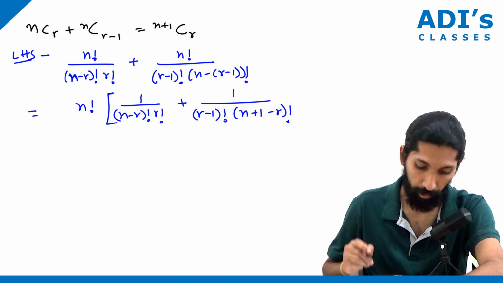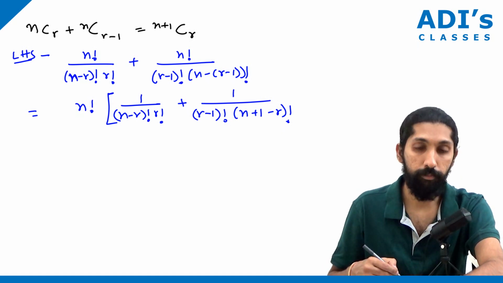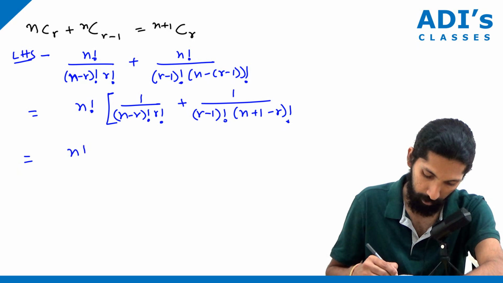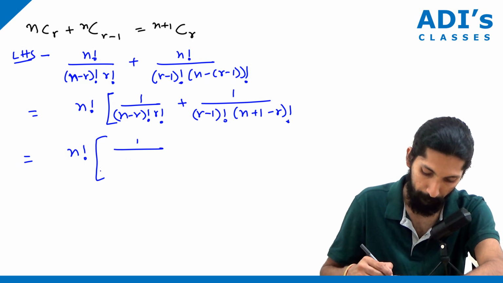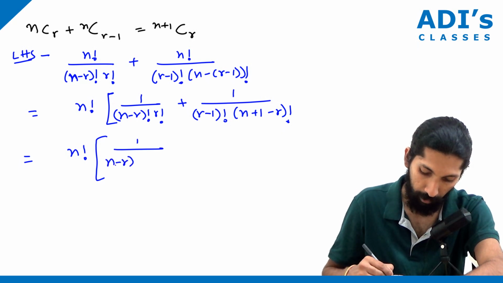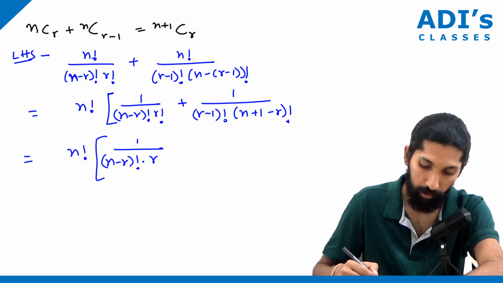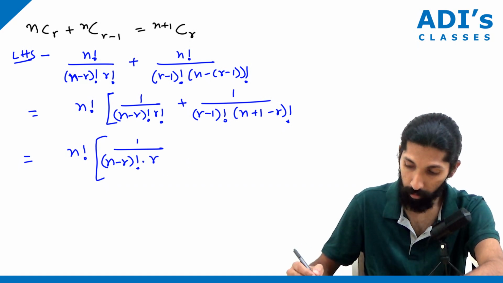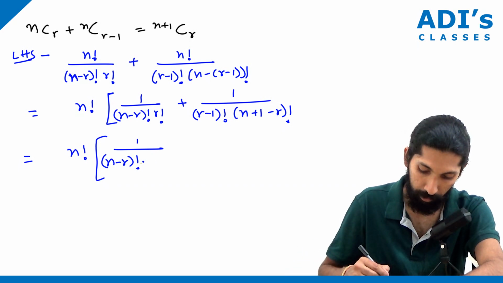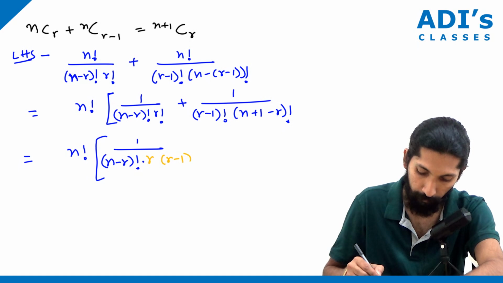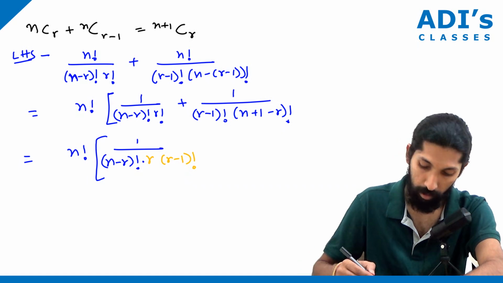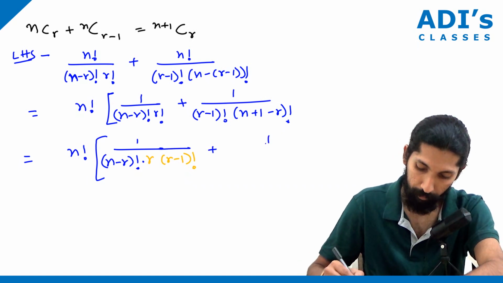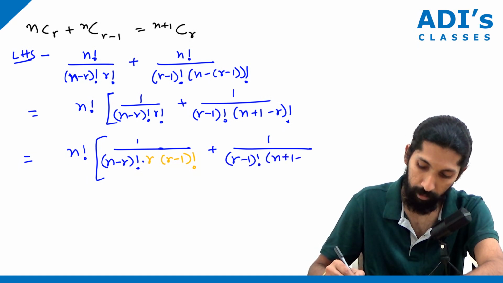Correct? Okay. Next, what do we do? So, n factorial into, here we can write 1 by n minus r factorial into r, or let me write it in another way, this into r minus 1 factorial. Correct? r into r minus 1 factorial plus 1 by r minus 1 factorial into n plus 1 minus r factorial.